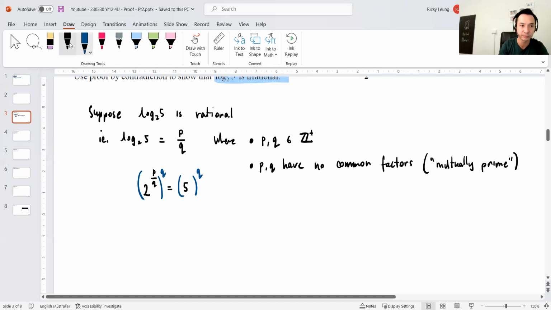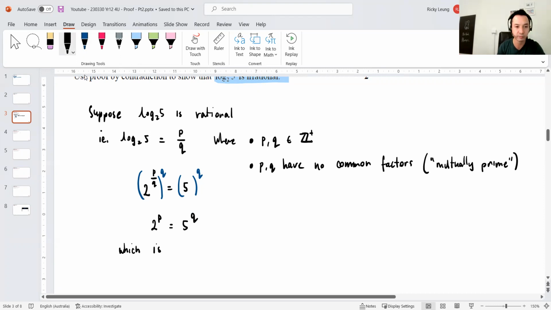On this side the q's cancel out, and you get 2 to the power p equals 5 to the power q, which is illogical. You can say that because they're prime numbers, that statement would never be true, or you can just say 2 to the power p is always even, while 5 to the power q is always odd.